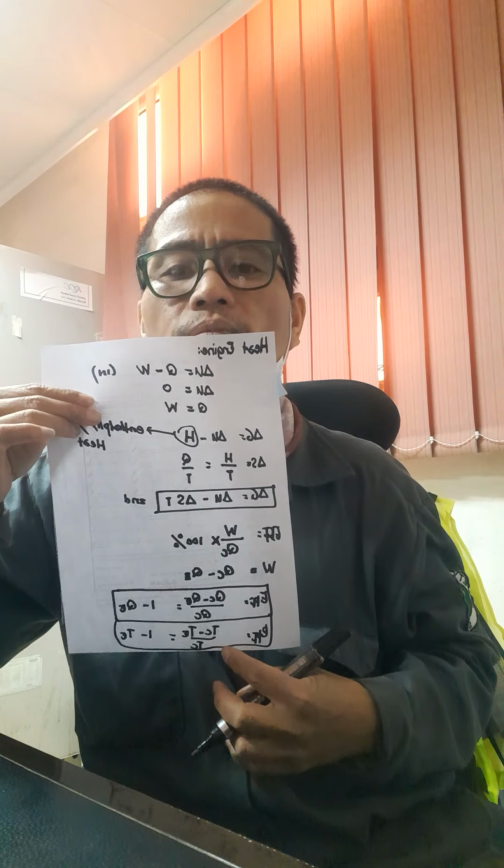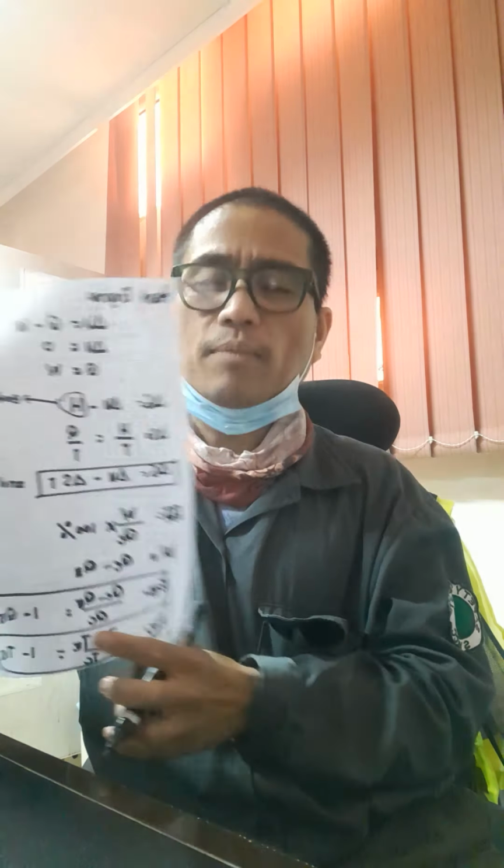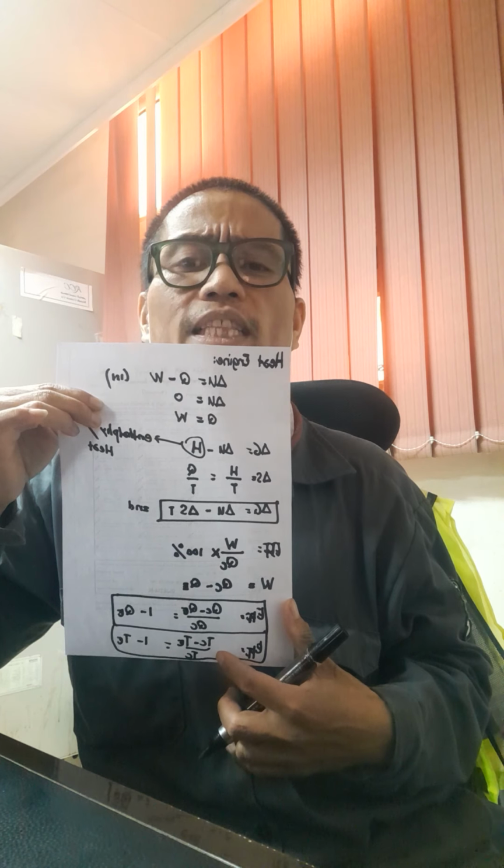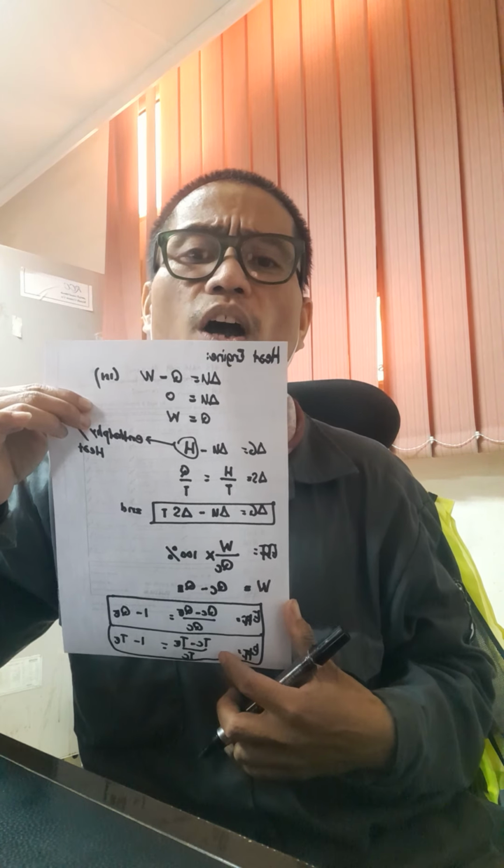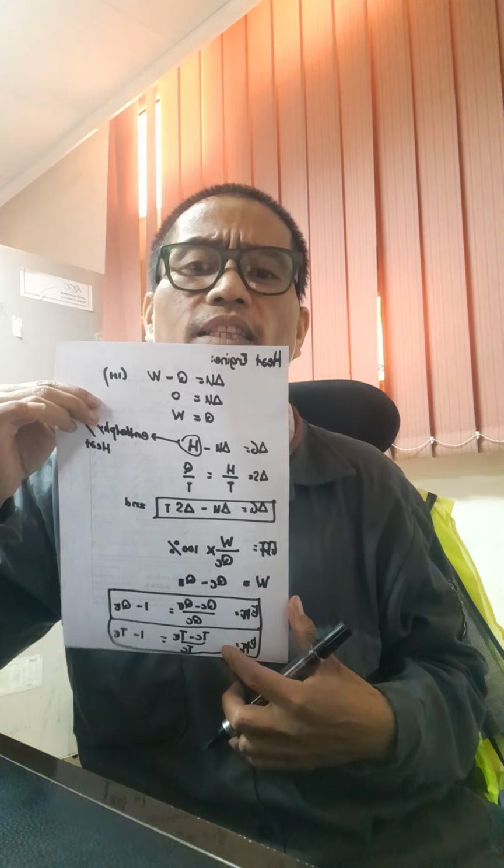Te is the temperature of the environment, and Tc is the temperature of the heat engine. The letters C and E depend on you. It's just a representation.